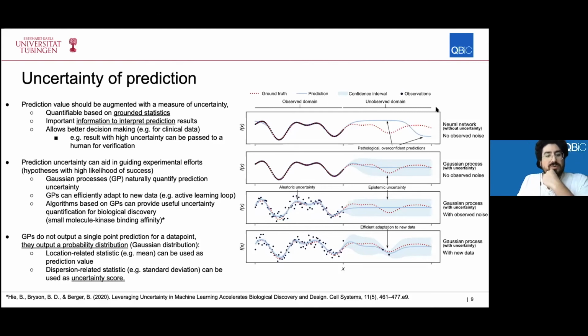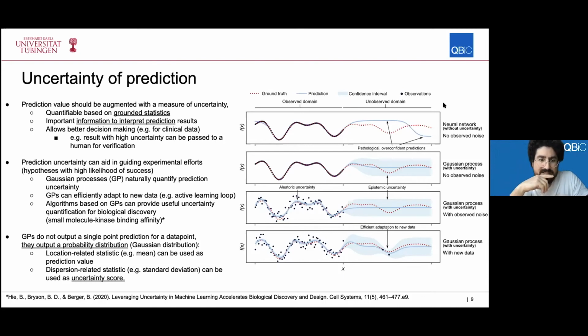Uncertainty has also been shown to be quite useful for biological discovery, for generating biological hypotheses. Particularly a class of probabilistic models called Gaussian processes, which are able to quantify uncertainty very naturally. They are also interesting because they are capable of adapting to new data. So you can always retrain your predictor when you have more information, and the prediction should be reasonable.